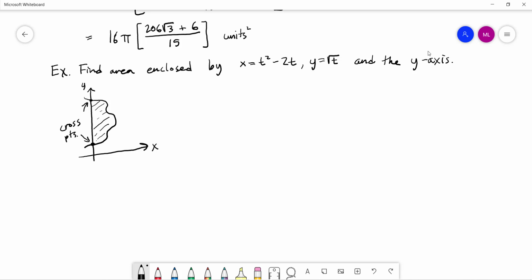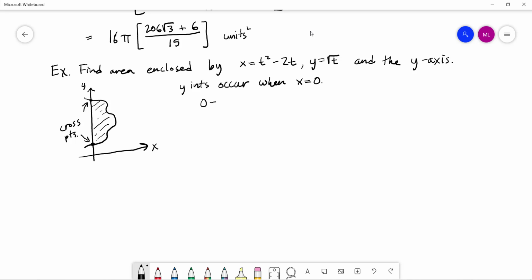The y-intercepts are where the x-coordinate is equal to 0, so we just need to plug in x equals 0. So where is x equal to 0?